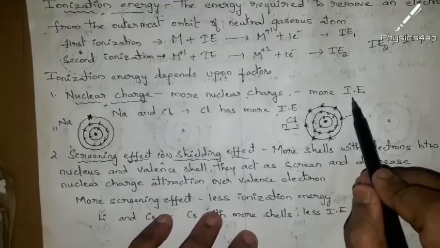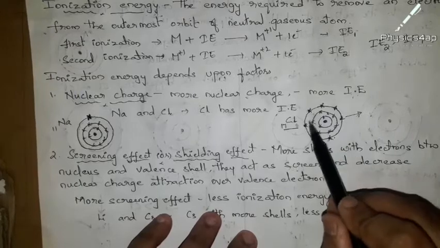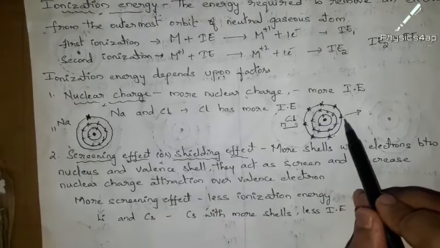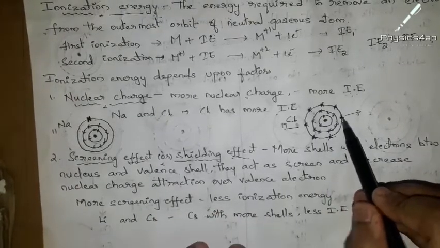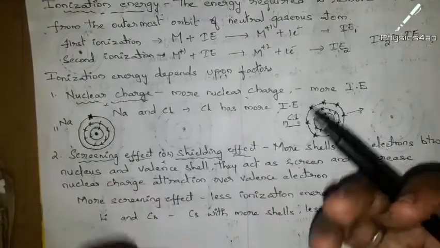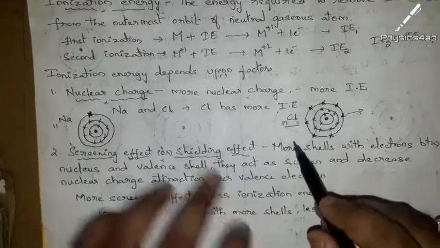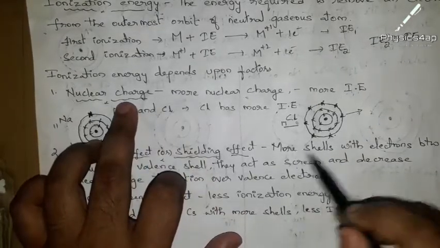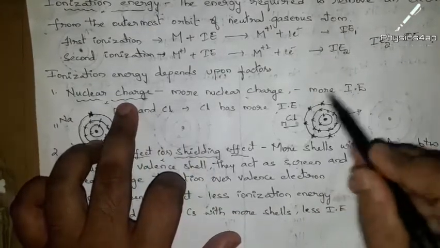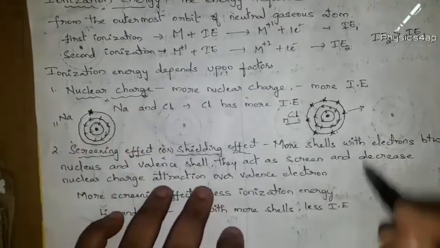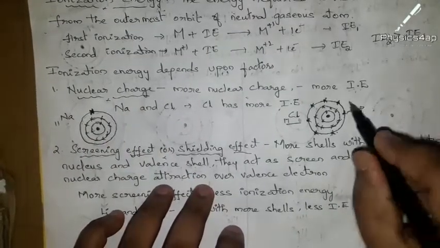That is what we call unity as strength. Nuclear charge is nothing but the unity which is present in it, and to remove an electron we need more ionization energy, because all these 6 electrons will be holding the 7th electron.